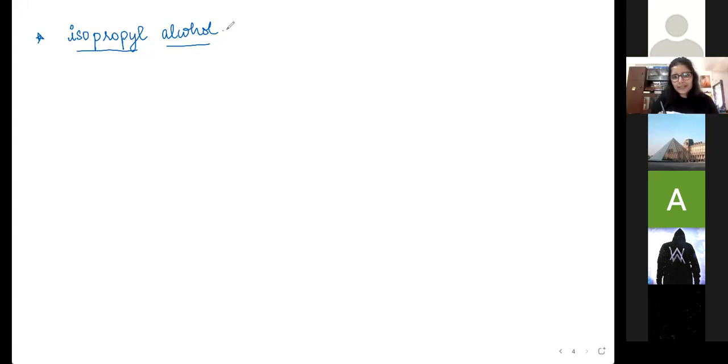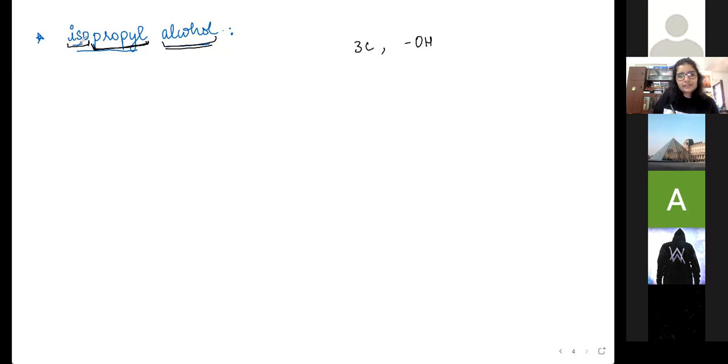So isopropyl alcohol, again, just from the name, there is a hint. You can figure out what the structure of it is. Hint one, it's an alcohol, so OH should be there. Hint two, propyl means 3 carbon atoms.